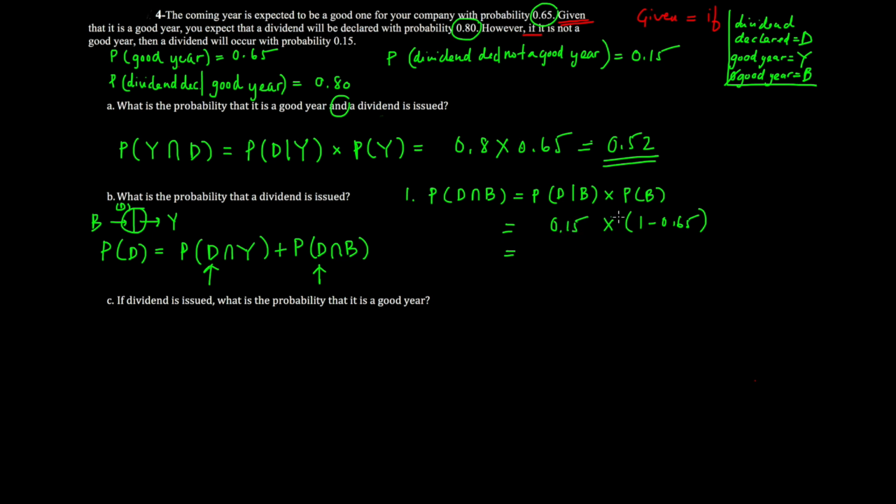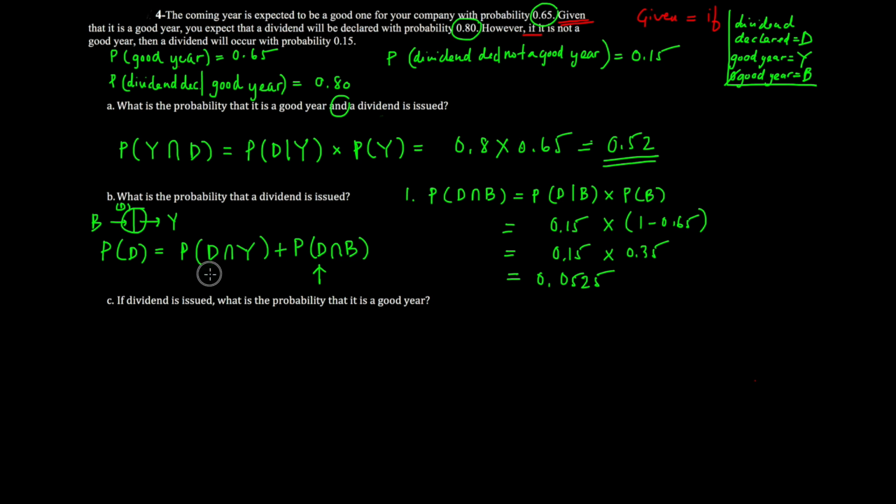So this is going to equal 0.15 times 0.35. And so the probability of a dividend and a bad year is going to equal 0.0525.